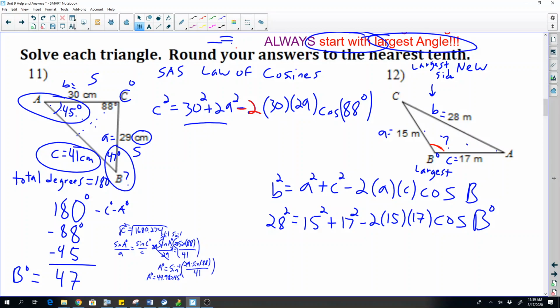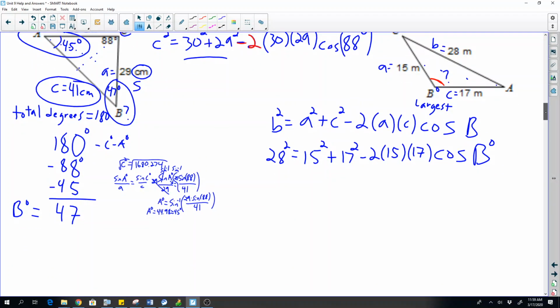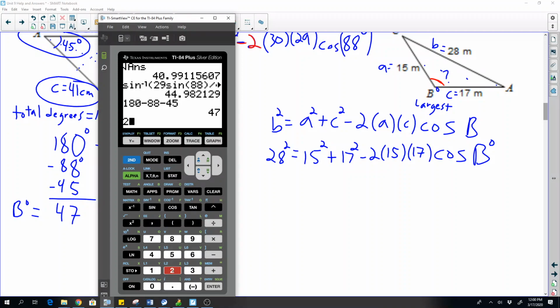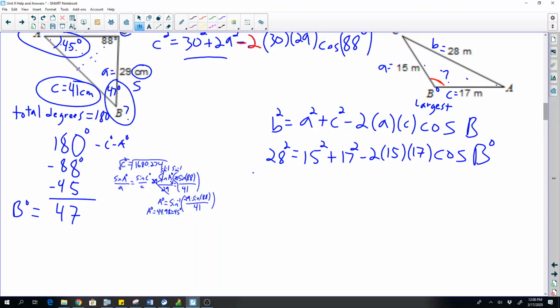Solve for that first. Okay, so now we've got to take this carefully step by step. Be real careful there. So first of all, 28 squared, what's that? That's 784. So 784 equals, and then 15 times 15 is 225, and then 17 squared is 289.